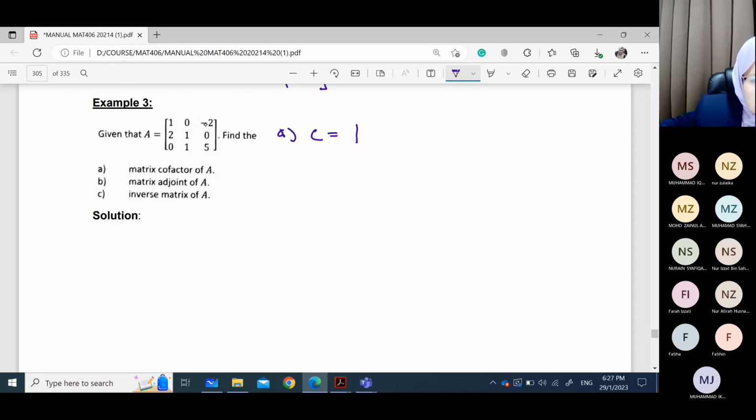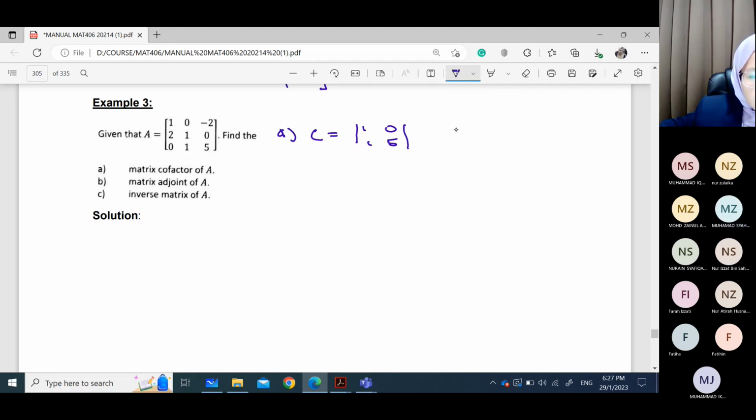Okay, so we solve for determinant. Untuk first, kita eliminate for first column and first row. We have 1, 0, 1, 5. Kalau banyak kosong, seronok lah. Senang nak kira, kan? Okay, right. So next, untuk C12. C12 maknanya dia punya location lah.